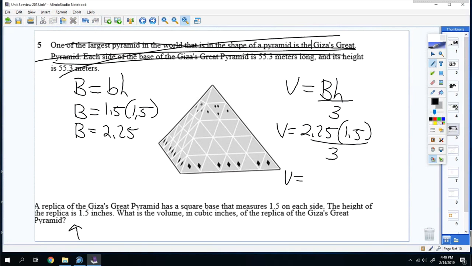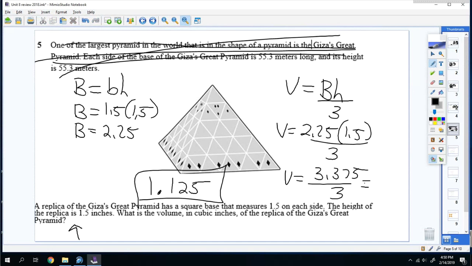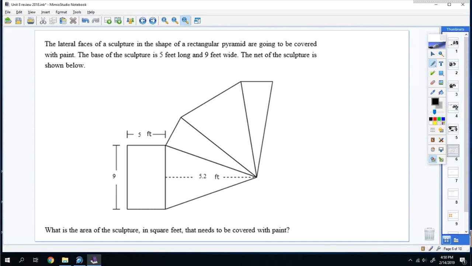So that's 3.375, and we got to divide that by 3. So we divide that by 3, which is 1.125. That's your volume.